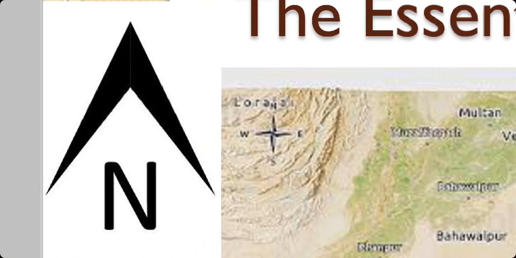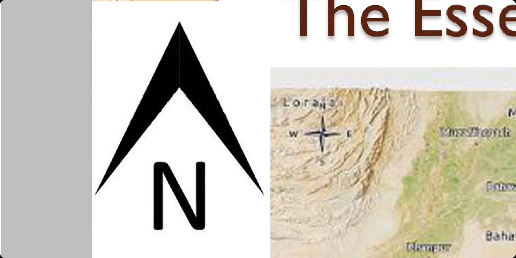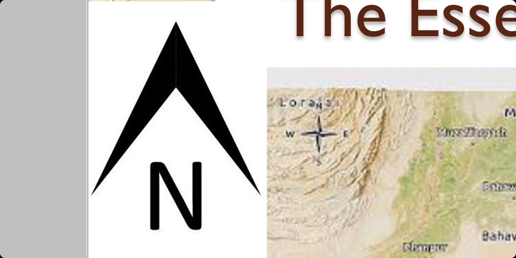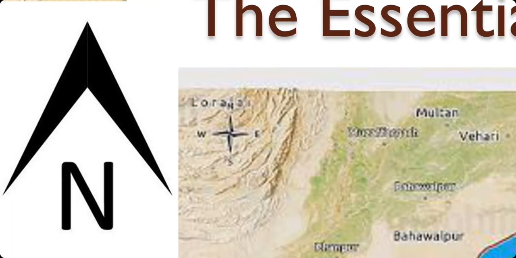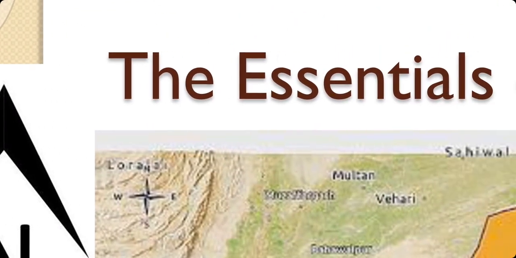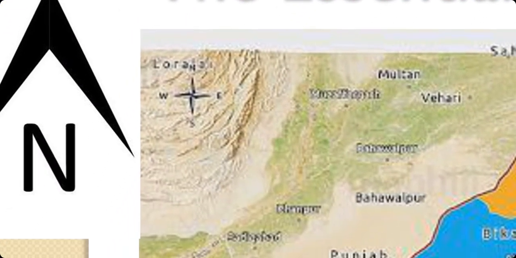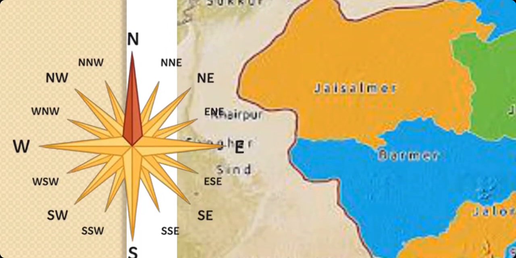Sometimes the compass rose is just like this symbol and an N written somewhere near it. This shows the north direction, and then the person who is going to interpret the map has to interpret the other directions, comparing them to the north.